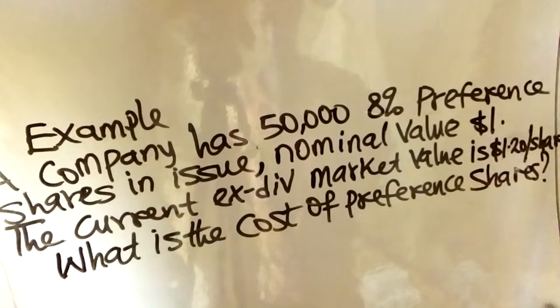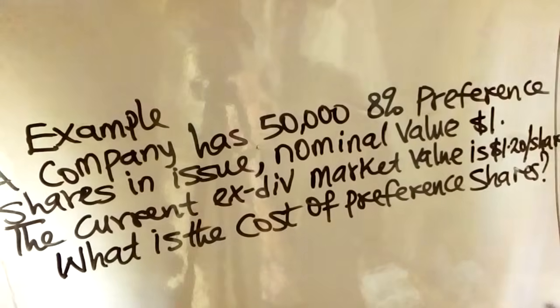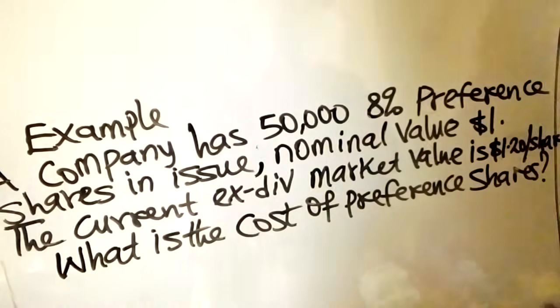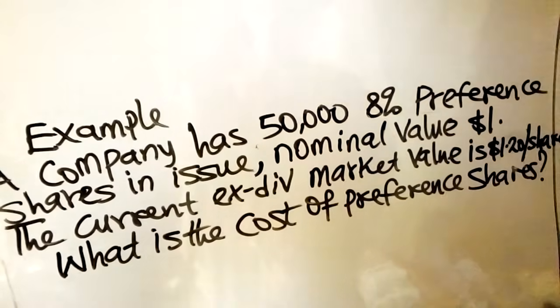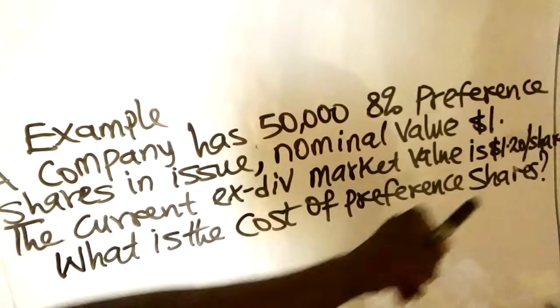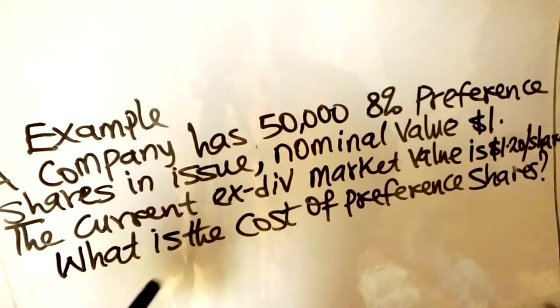What is the cost of preference shares? That is the question. You are given the coupon rate of the preference shares to be 8%, and the market value is 1.20.